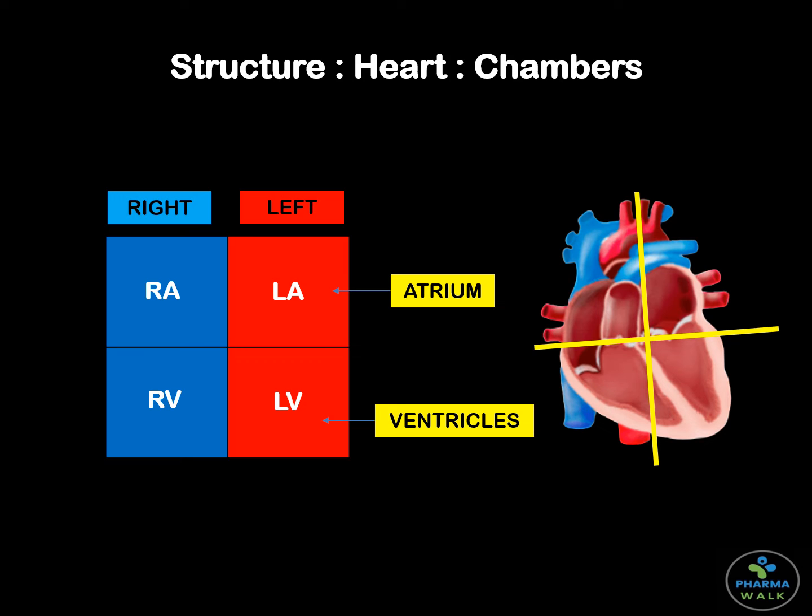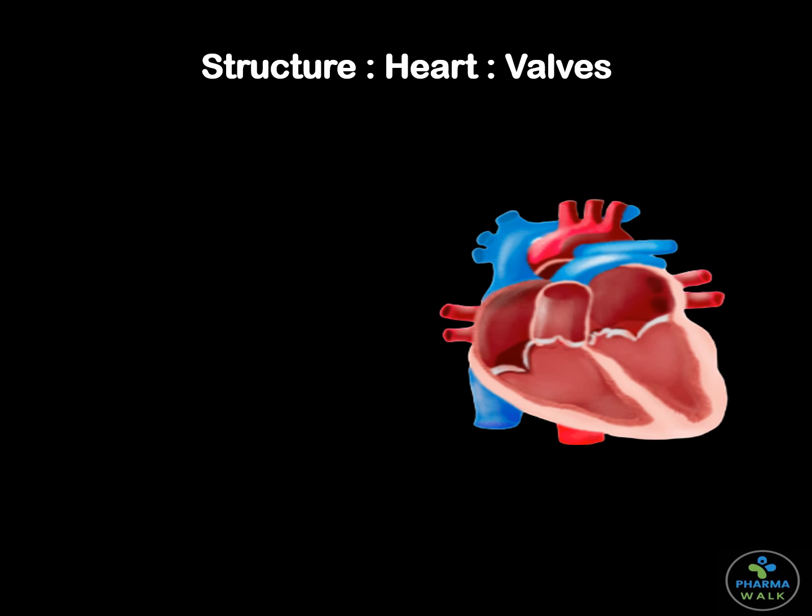So the heart has four chambers: right atrium, left atrium, right ventricle and left ventricle. What is the function of these chambers? They are made up of muscles and are responsible for contraction and relaxation. So that's the first category that comes into the structure of the heart, four chambers. So we have four rooms in the heart.